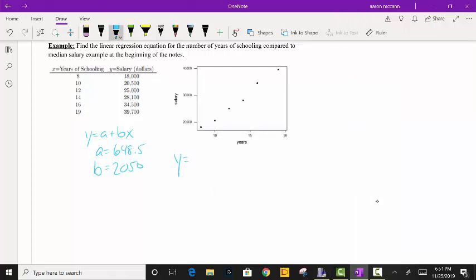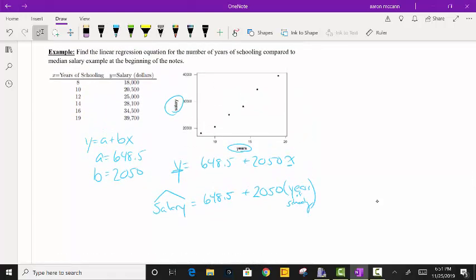So then if we fill this in, we get y equals 648.5 plus 2050x. And we can then replace the y and the x with what they represent. So we can say predicted y, which in this case is salary, is $648.50 plus 2050 times years of schooling. And so we get two key things here.